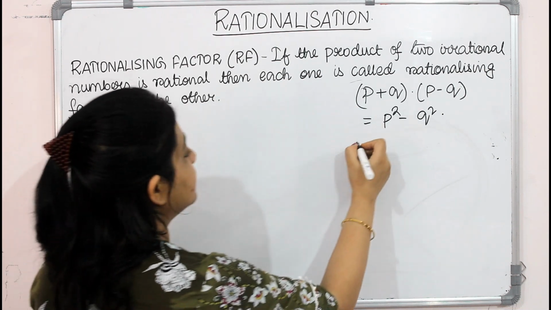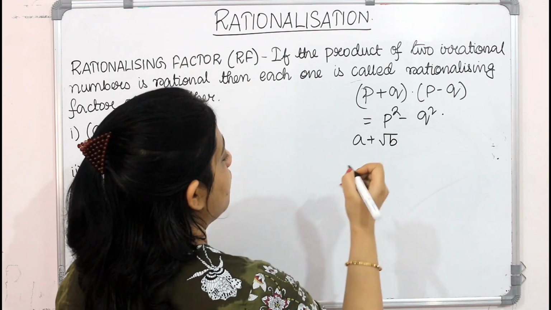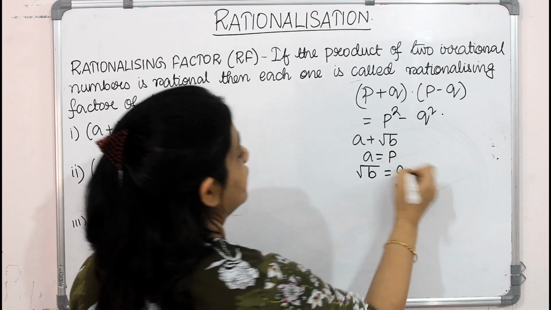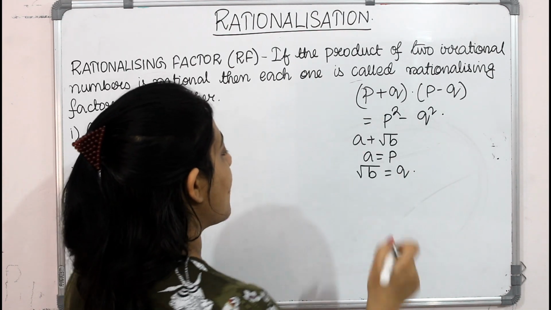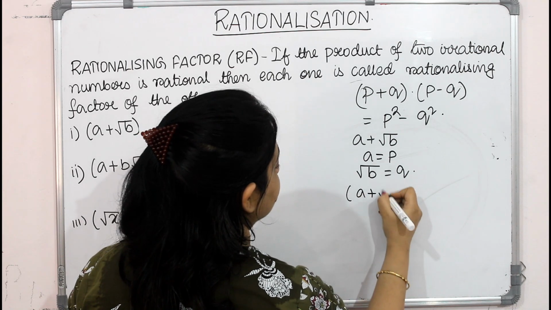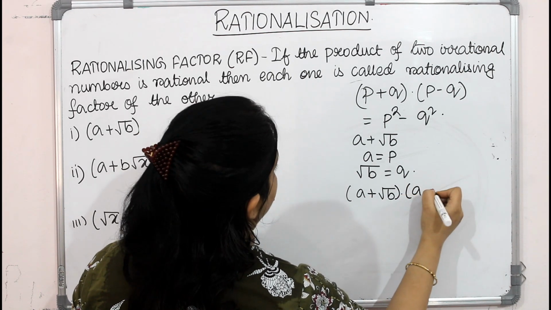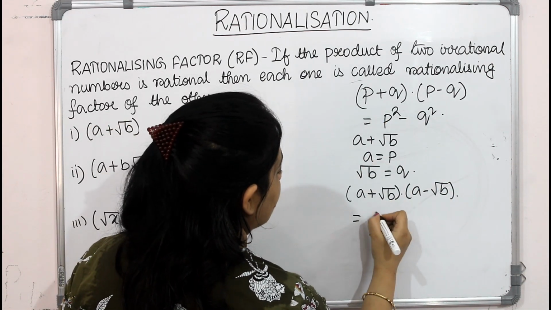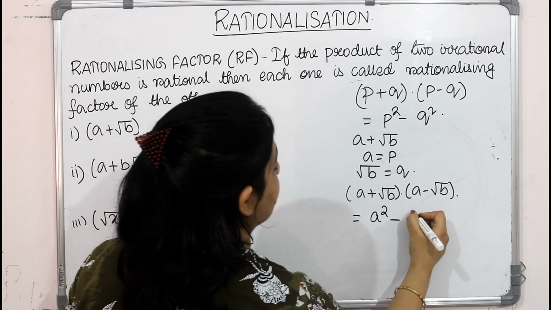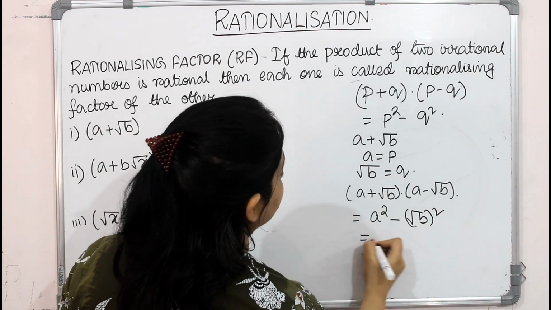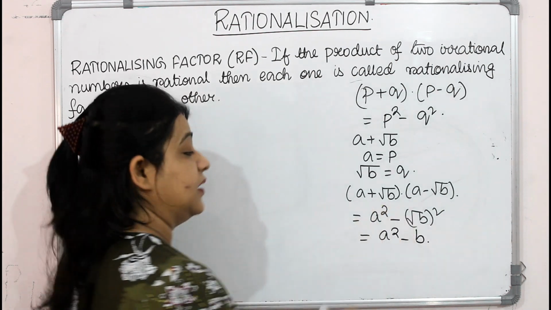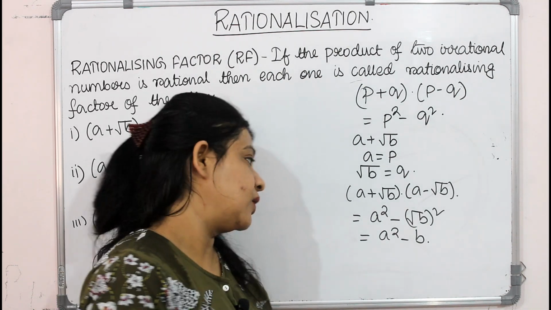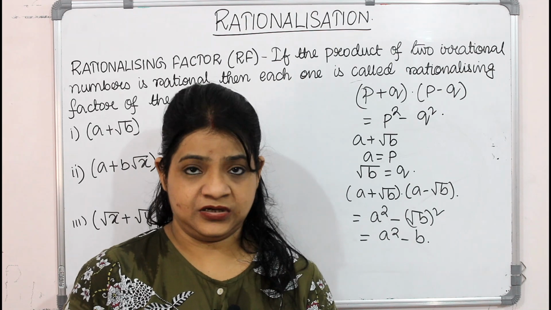Let's consider the example a plus root b, where a is equal to p and root b is equal to q. Simply going by this formula, we have a plus root b into a minus root b. So p square is a square, and q square is root b square, so ultimately you are getting a square minus b. a square is a rational number, and b is undoubtedly a rational number.